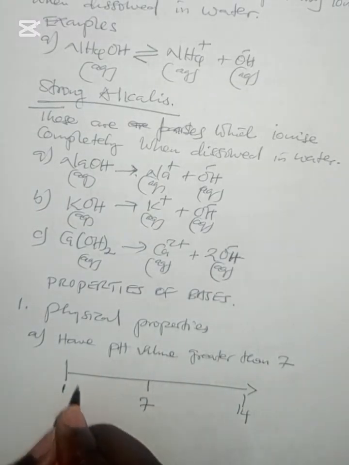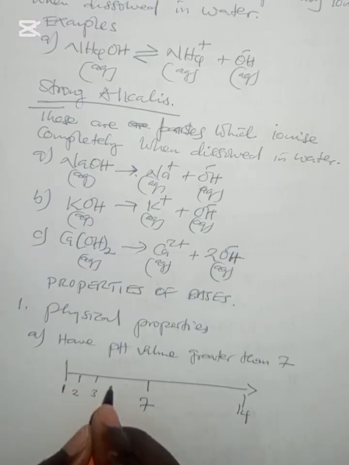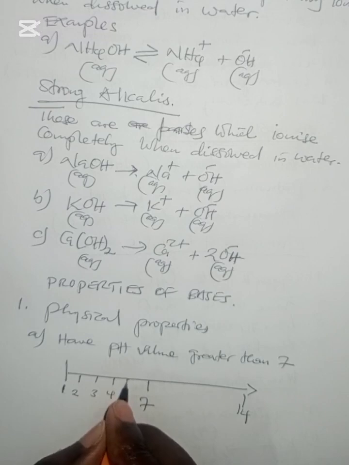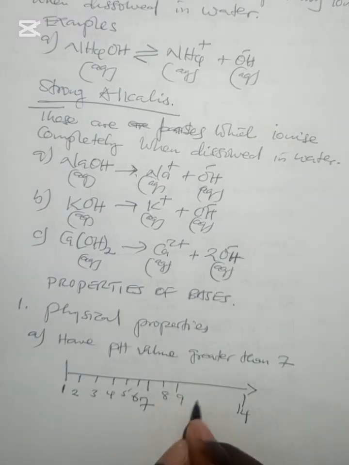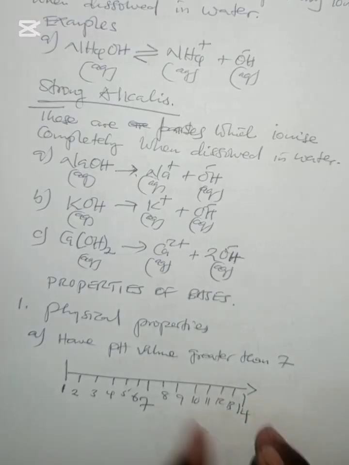So 1, 2, 3, 4, 5, 6, and 7, 8, 9, 10, 11, 12, 13, and then 14.